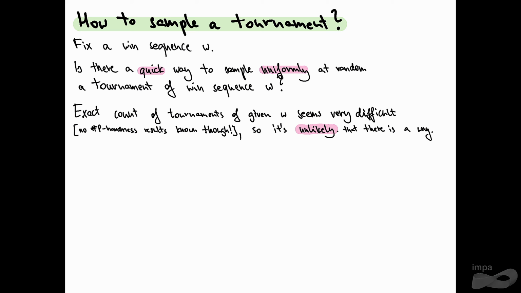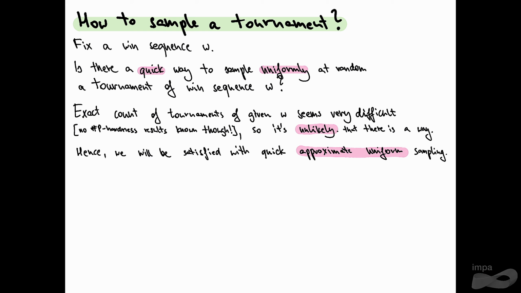These cyclic triangles overlap, so it doesn't have any nice, completely product-like structure. We expect the exact count to be a hard complexity problem, so it's unlikely that we'll be able to sample quickly and precisely from the uniform distribution. But if not exactly, then maybe we can perform some approximate sampling.